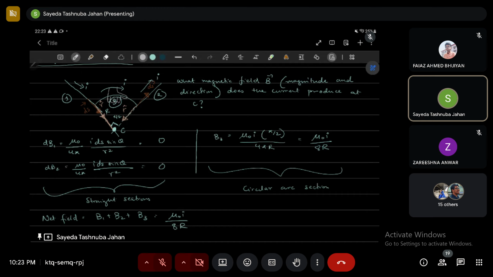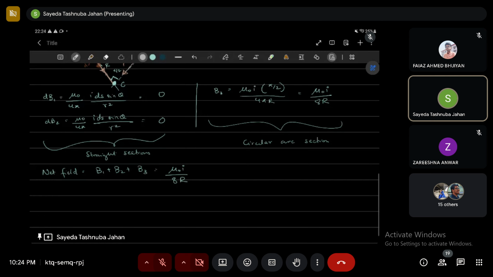In that case you will see that your four fingers will naturally curl into the page at point C, right? So we can write this as going into the page.